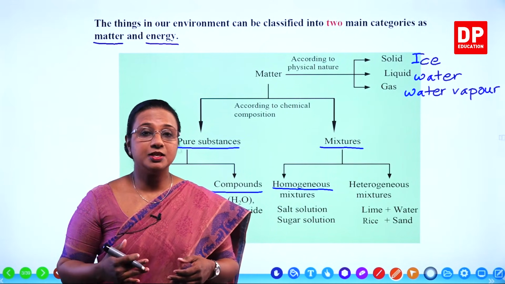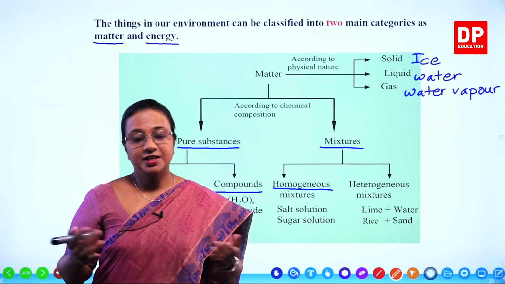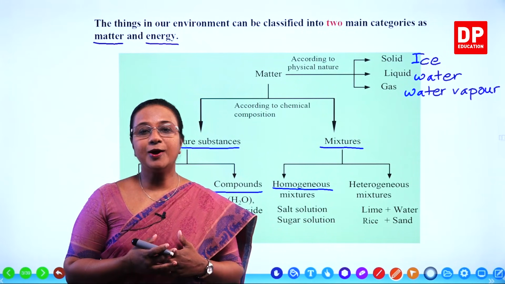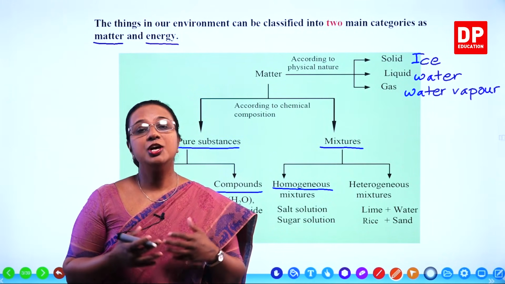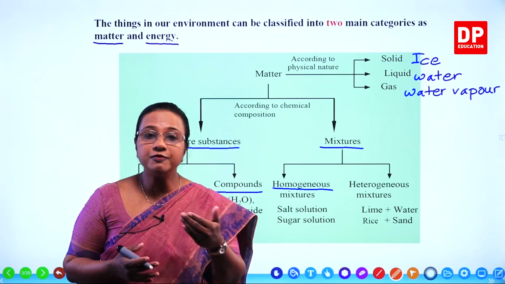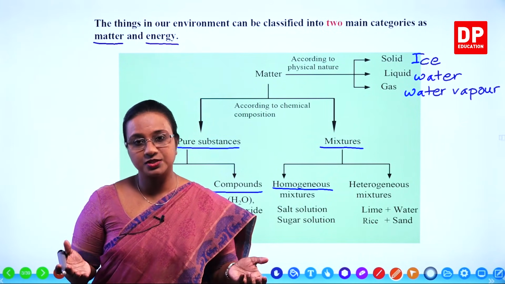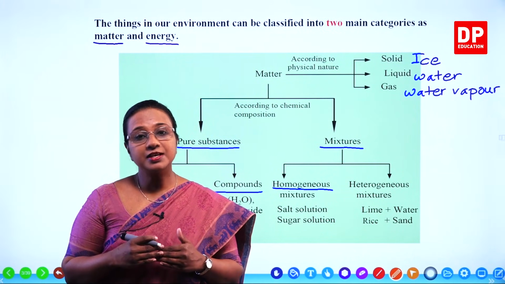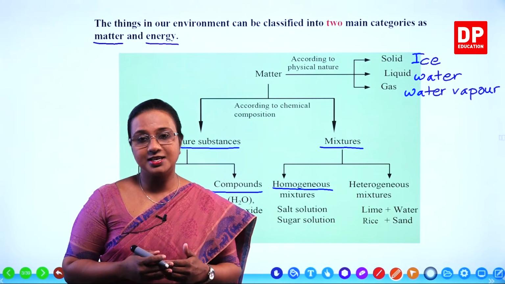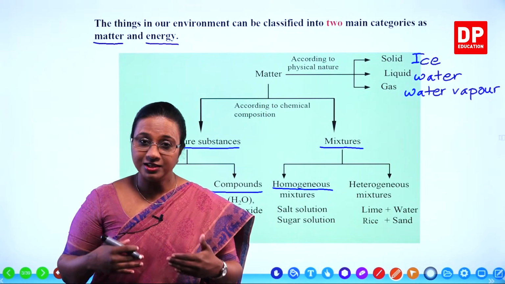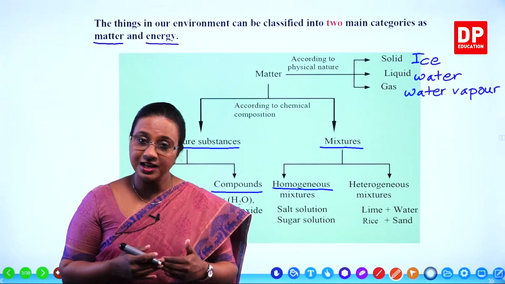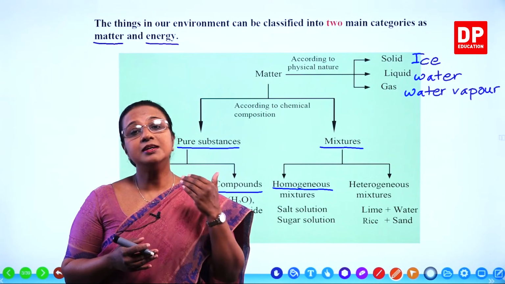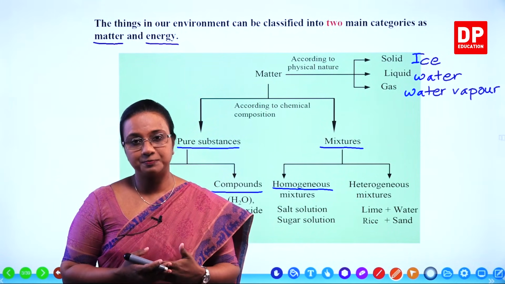And throughout the solution, if it is salt, of course, we don't drink a lot, but let's say we have sugar solution or a fruit juice, lime juice. If we take the first sip, there is a certain taste. And we drink the juice and we take the last sip, still the taste is the same.